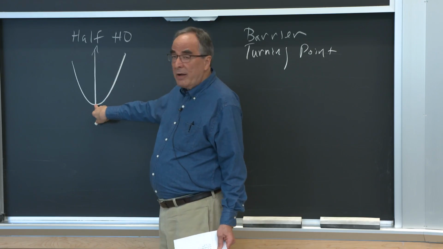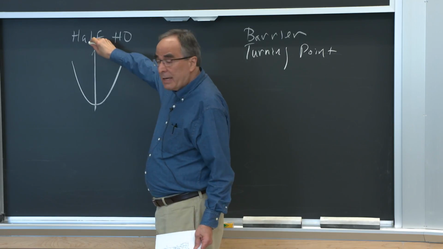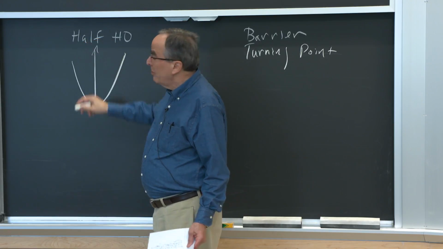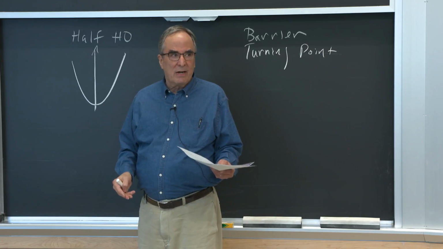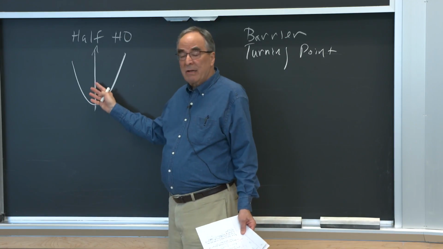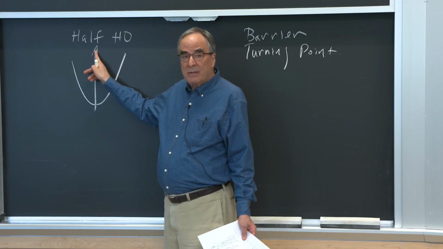And so if the potential is half of a harmonic oscillator potential, then we know immediately what the eigenvalues and eigenfunctions are. They are the harmonic oscillator functions that have a node in the middle.